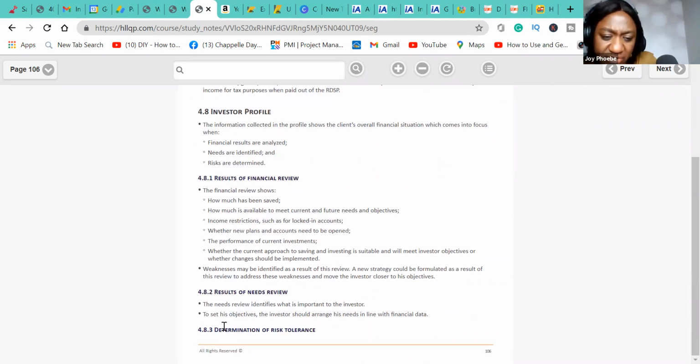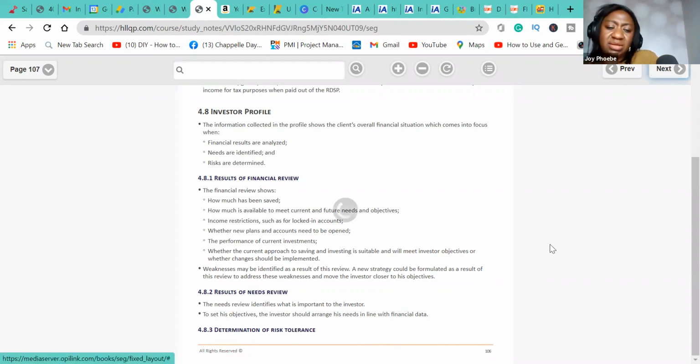So result of needs review, well, the needs analysis, by reviewing the client's profile, we are able to identify what is important to the investor. And we are also able to show the investor how to arrange their needs in line with their financial data.